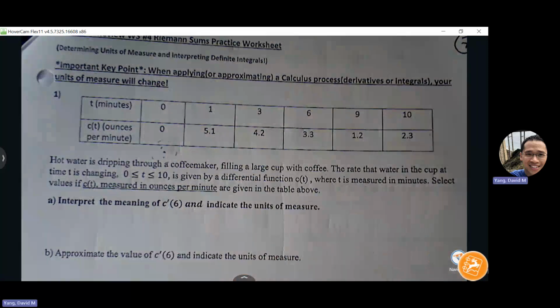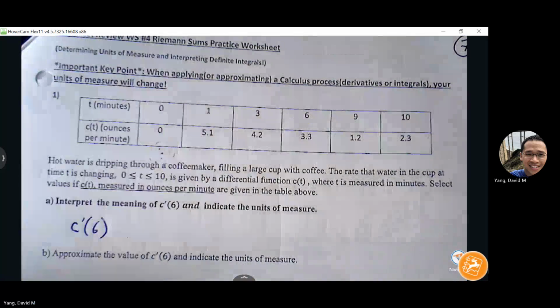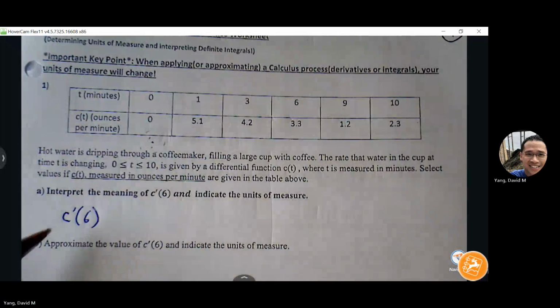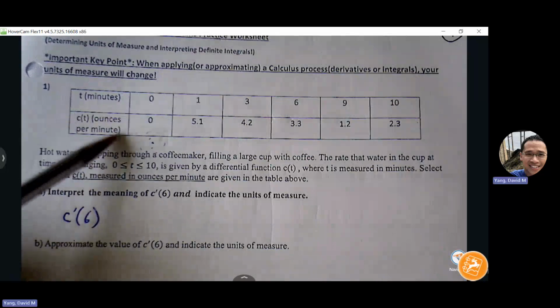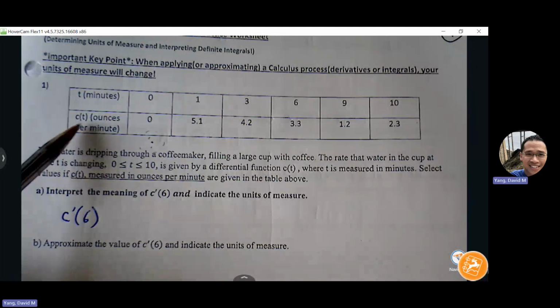So interpret the meaning of C prime of 6 and indicate the units of measure. So C prime of 6 is, okay, a rate of change of this. So what are the units going to be here? Remember, this is C prime here, so ounces per minute squared, right?